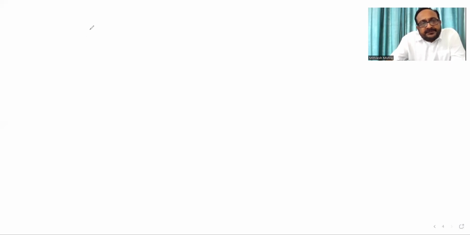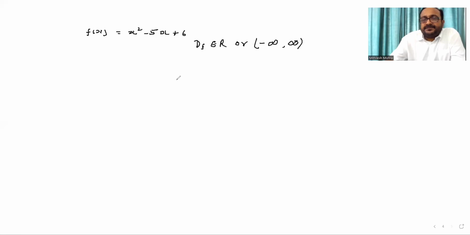Suppose f(x) is given x² - 5x + 6. It is a quadratic equation. So domain of the function will be all the real numbers. All the real numbers we can also write in this way: open interval minus infinity to infinity.